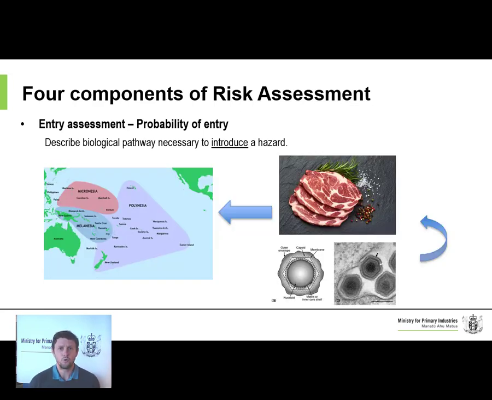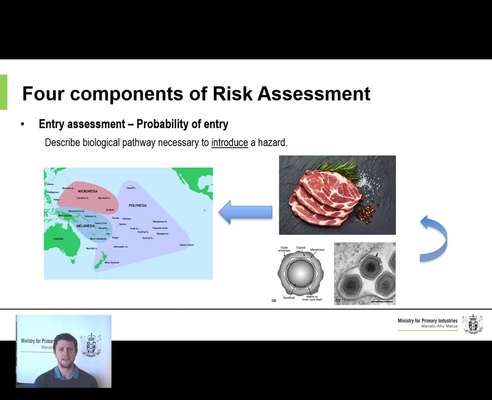So for the 4 components of risk assessment, again using African swine fever as a really good example. When we describe the biological pathways necessary to introduce the hazard, here we have a diagram of the Polynesia, Micronesia and Melanesia nations, because the module is for the Pacific Island countries.